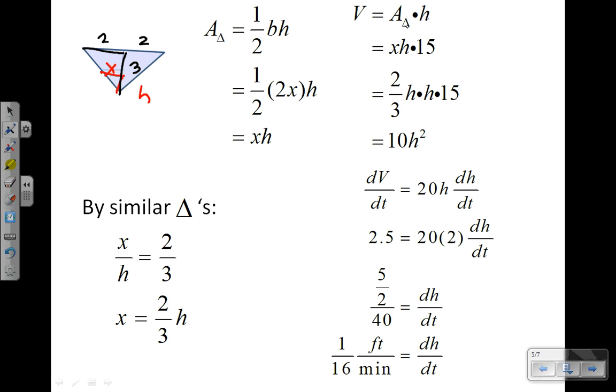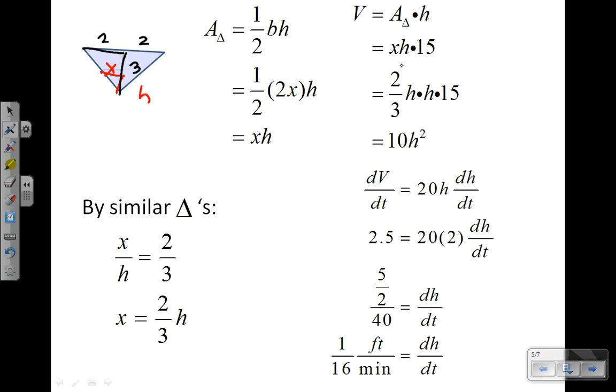I figured out what the area of this base is: it's 1/2 the base times the height, because it's just a triangle, where the base is 2x and the height is h. This is basically the area of the portion that has water in it. So it simplifies to xh. So the volume of water is the base area times the height, where the base area is xh and the height is 15.